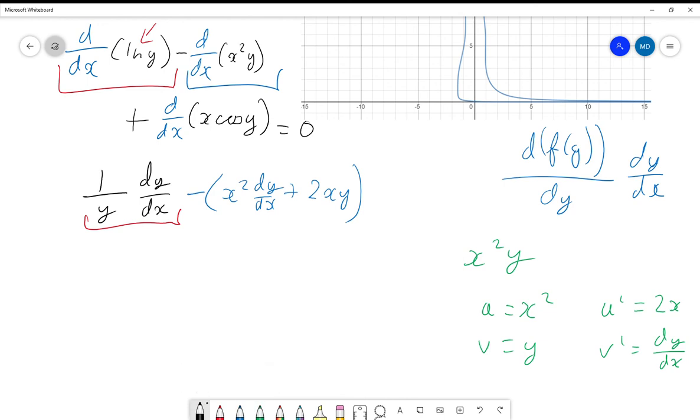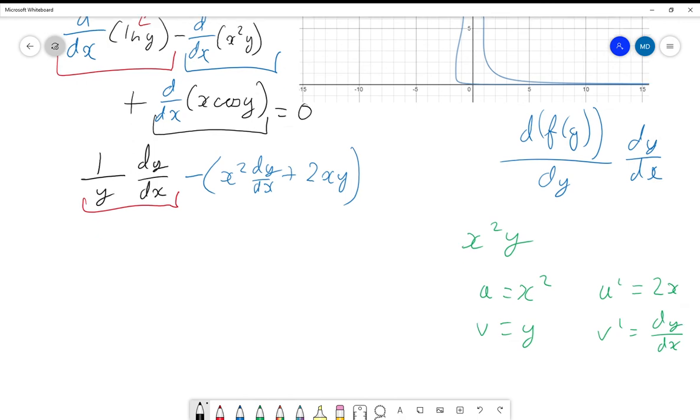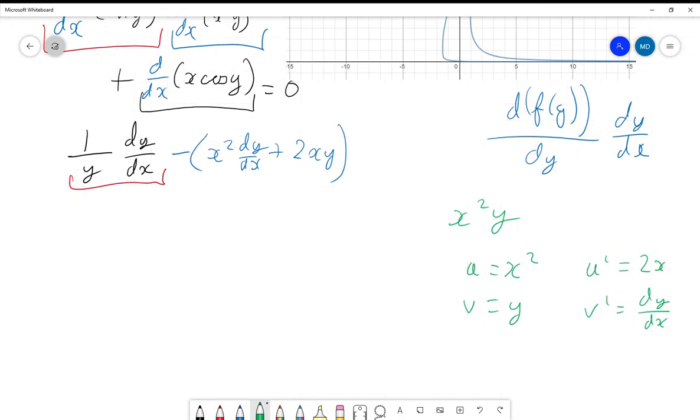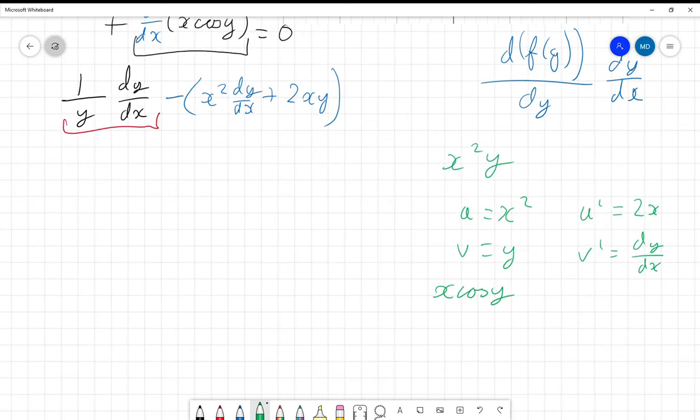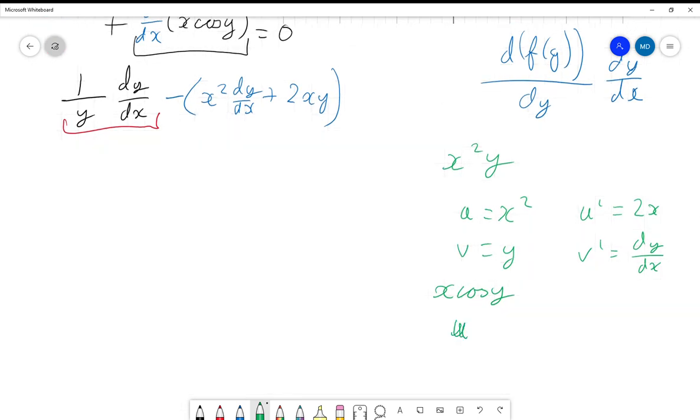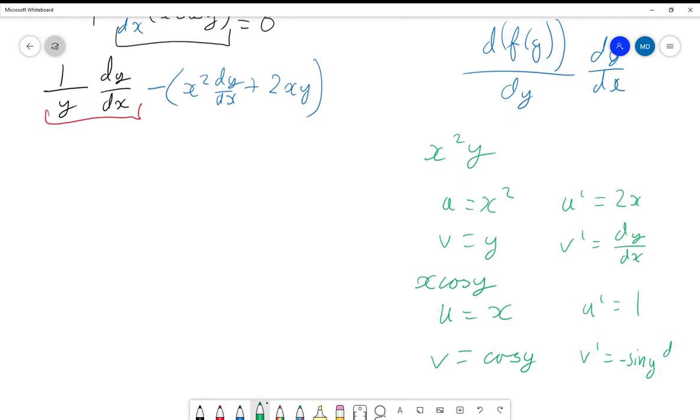And then lastly, we've got this one. It's another product, so we're differentiating x cosine y. I'm going to pick u equals x, v equals cosine y. So I get u dash equals 1 and v dash is equal to, well, the derivative of cosine is negative sine, but it was sine of y, so we then multiply by dy by dx.